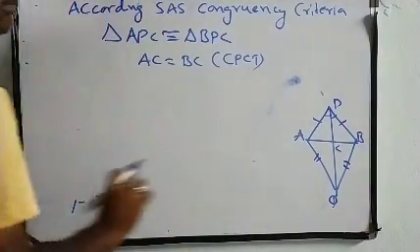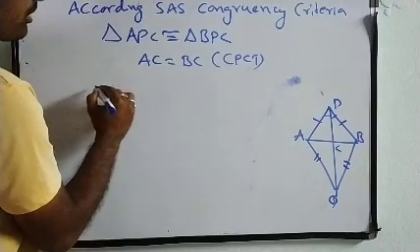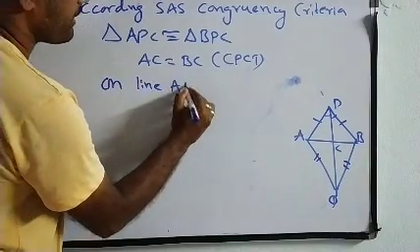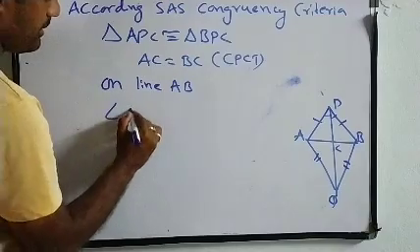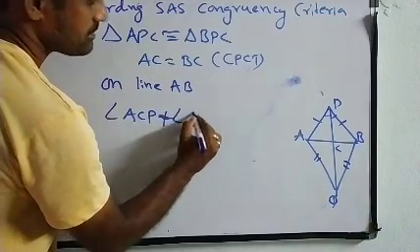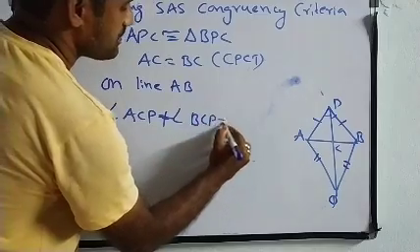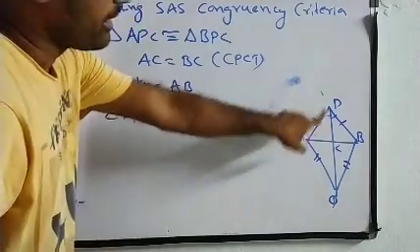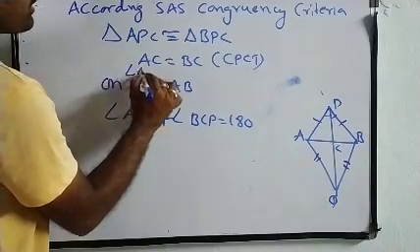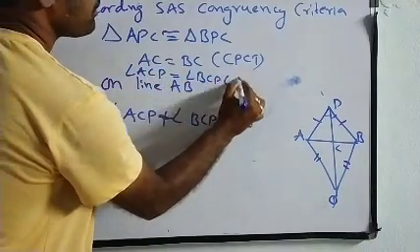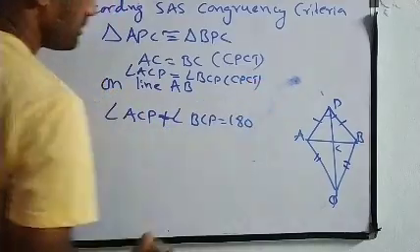Similarly, now on line AB, angle ACP plus angle BCP is equal to 180 degrees. Here already angle ACP is equal to angle BCP, which is also by CPCT.